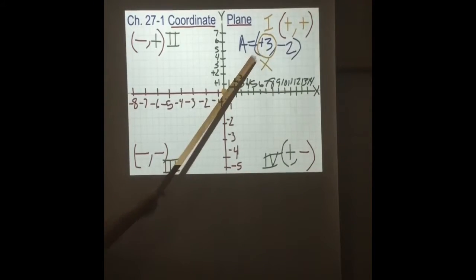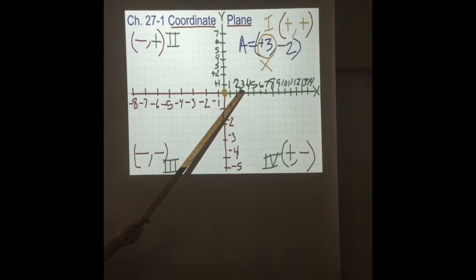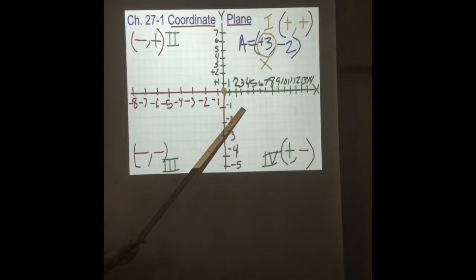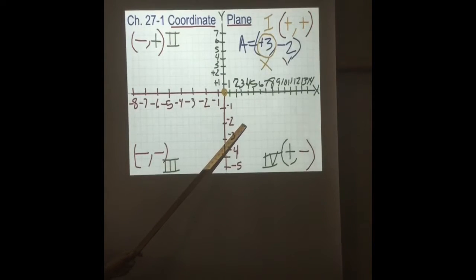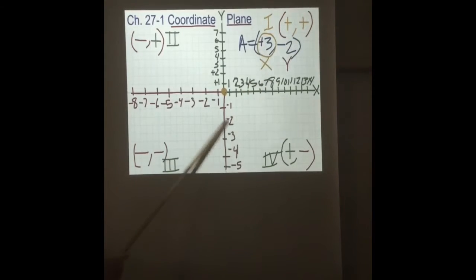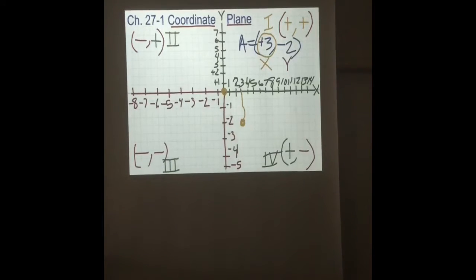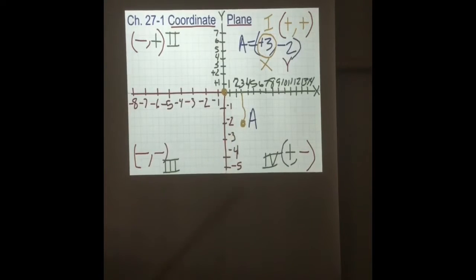So we go over to 3, 1, 2, 3, which would be there. And then we're going to go down 2, right? Because Y is negative 2. So we go down 1, 2. We put our dot right there, and then we put in A. So that's A right there.